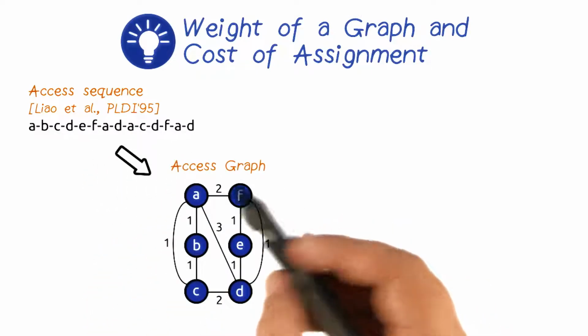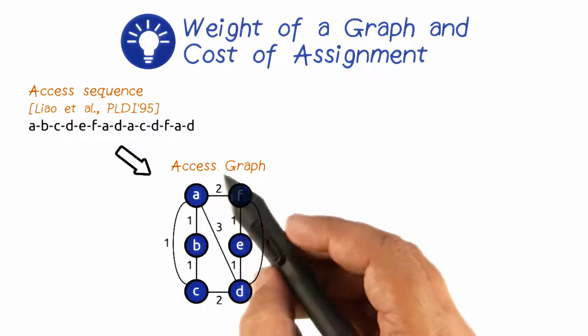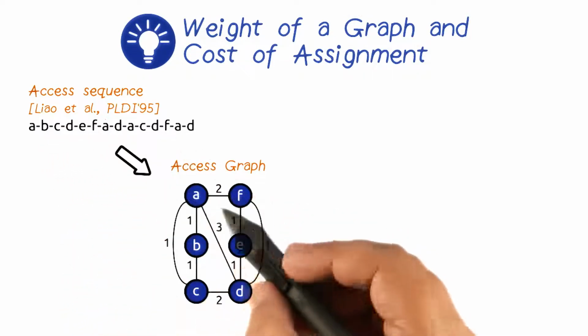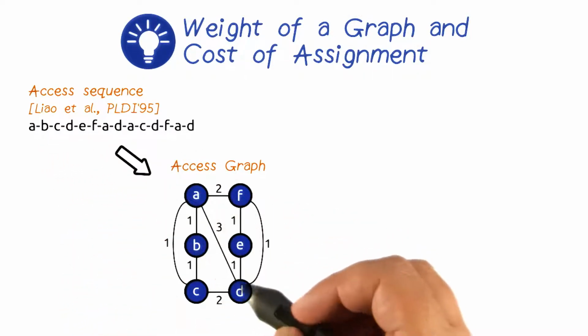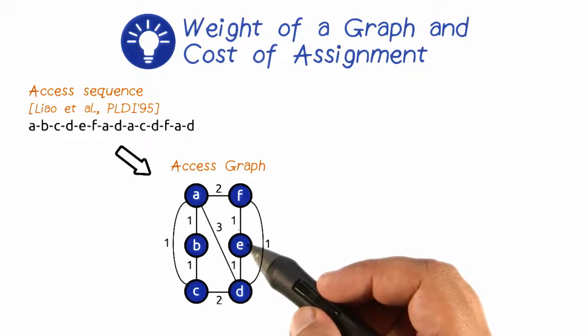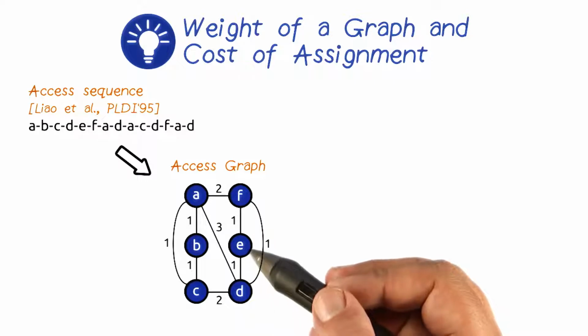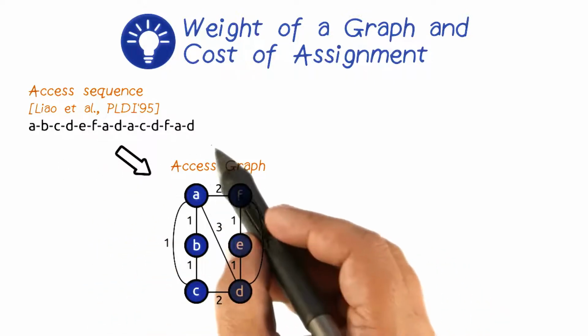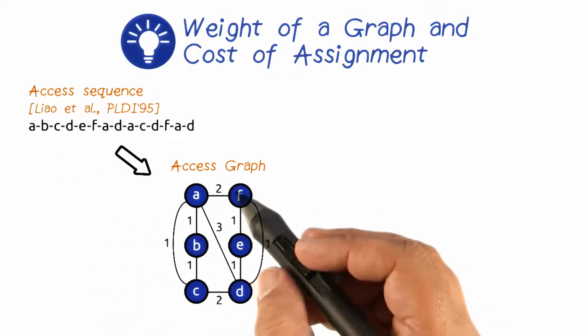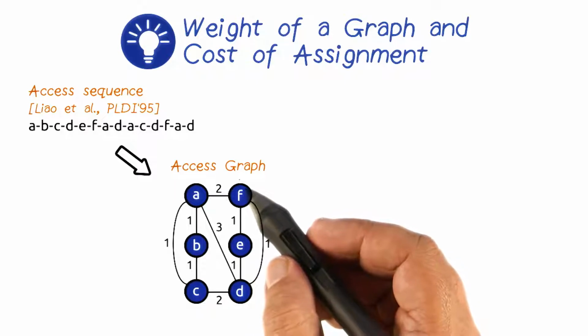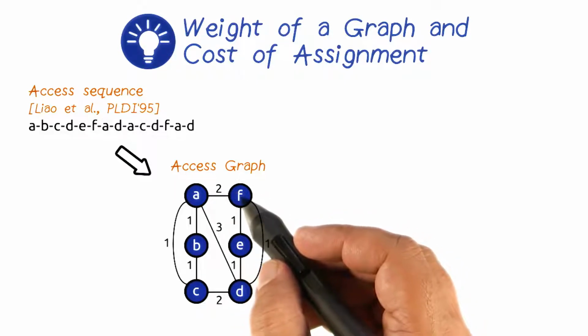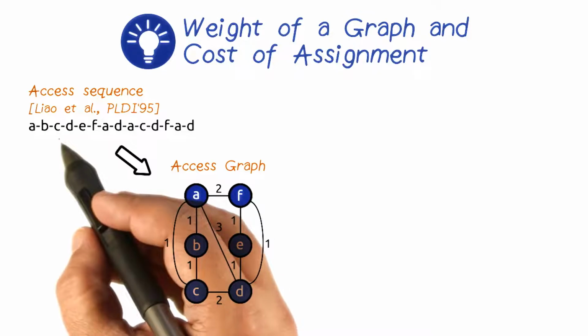First, for each one of these variables we have a node associated with it. So we have A, B, C, D, E, F, 6 nodes for these 6 variables, and then we put an edge between 2 nodes if they are adjacent in terms of the access.